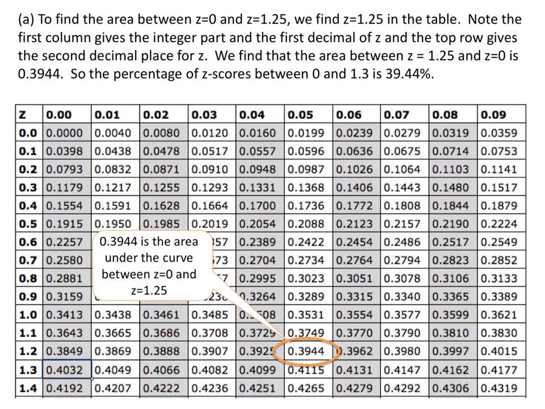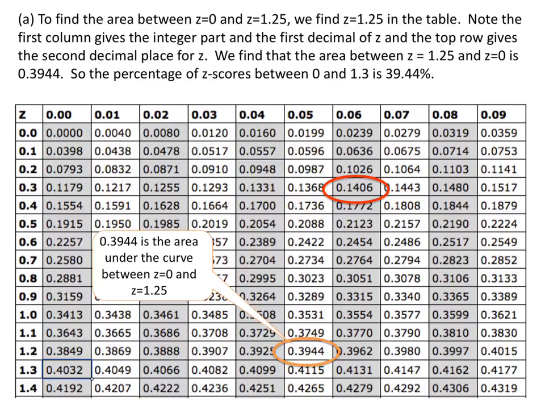Okay, and so that's the area between the z-score of 0 and the z-score of 1.25. All right, and so if I want the percentage of z-scores between those values, I just convert this to a percentage, and I get 39.44%. Okay, so here I've circled another value.